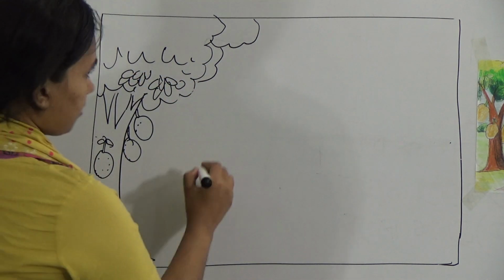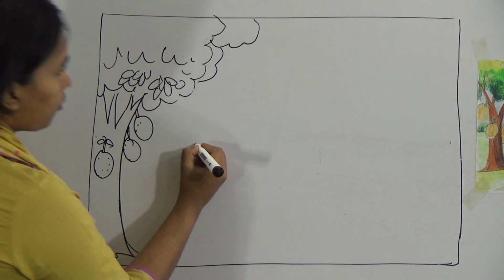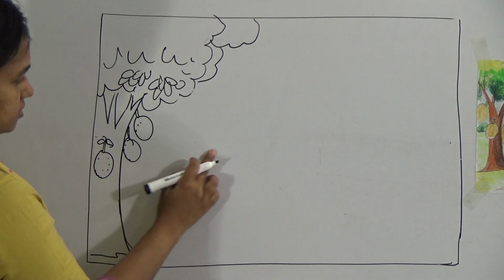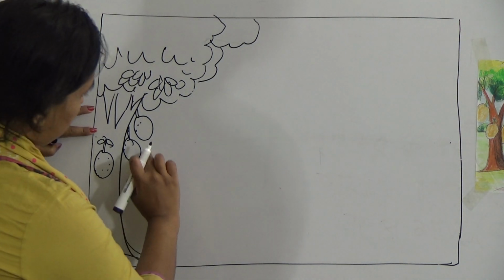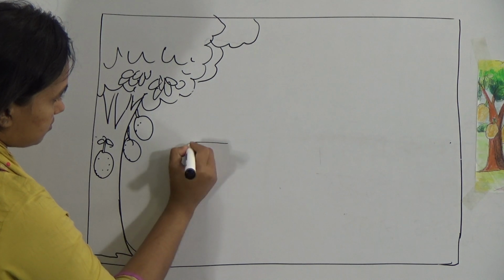Okay, then draw the house. Look where I start the house, just at the level of the half portions.